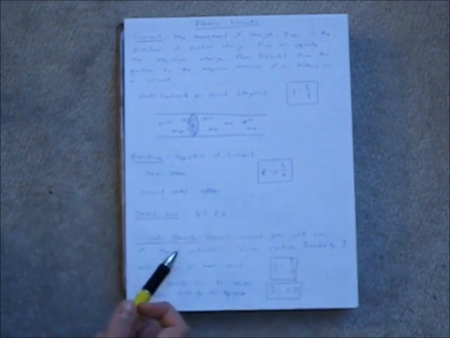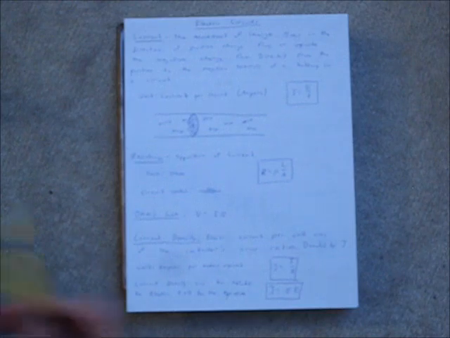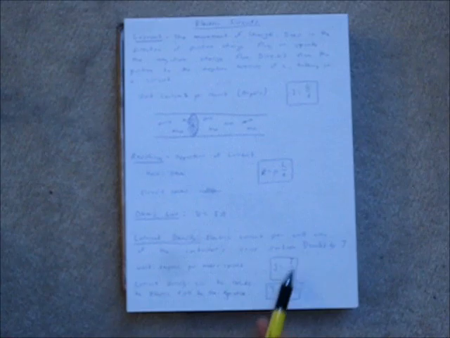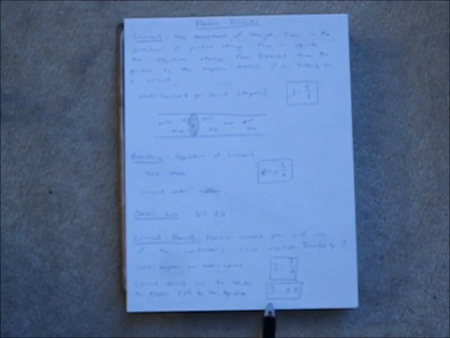So then you have current density, and that is the electric current per unit area of the conductor's cross-sectional area. It is denoted by J, and its unit is amperes per meter squared, and J equals I over A. The current density can be related to the electric field by this equation: J equals the conductivity times the E field.